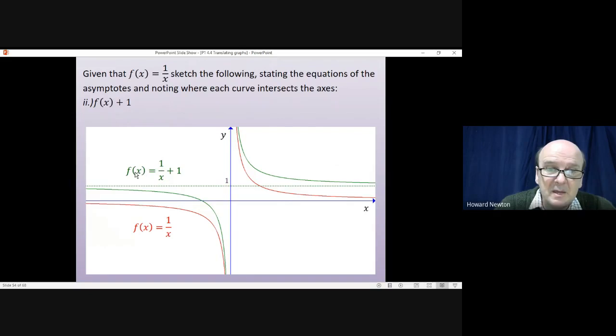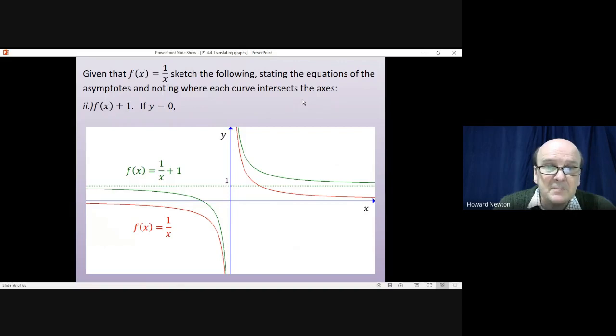And that would be the equation for it, f of x equals 1 over x plus 1. So the asymptotes will be the line y equals 1, which is the green dotted line, and the y-axis, which is the line x equals 0. We still need to find this crossing point on the x-axis.